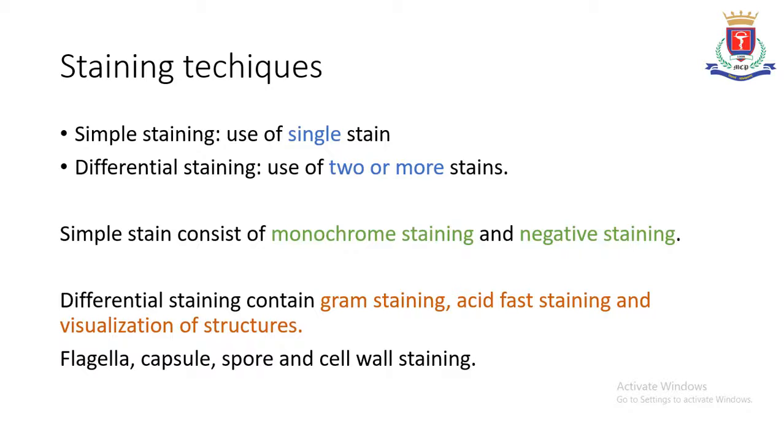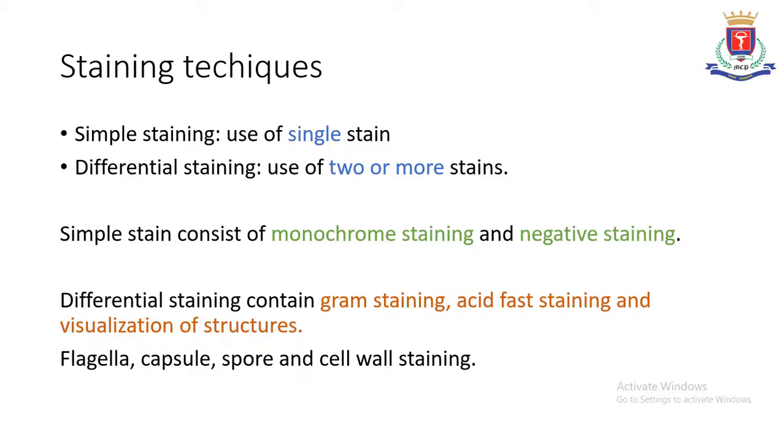Simple staining is again divided into two groups, that is monochrome staining and negative staining. Monochrome staining is the staining where the background appears bright and the bacteria get stained. Whereas in negative staining, the background is dark and your cells become colorless.